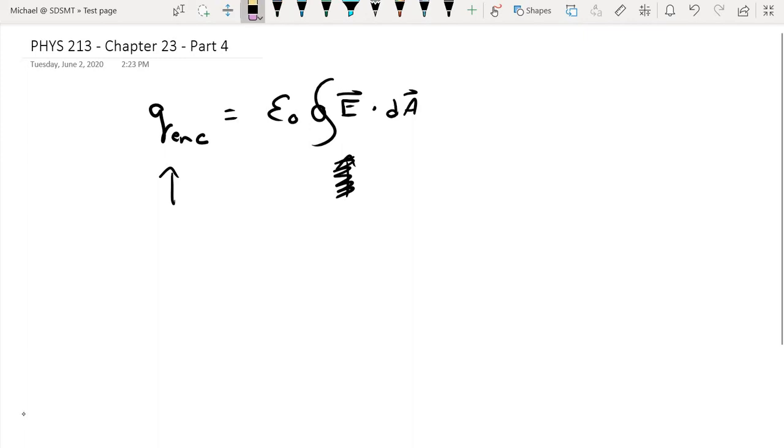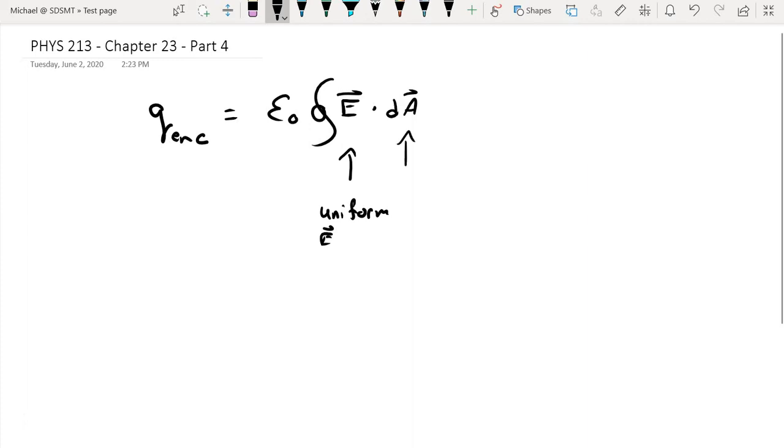And so we're going to actually go back to trying to find the electric field in a given system, just so we can get a little more practice with Gauss's law. And the way that we've been using Gauss's law to solve for an electric field was in the case of having a uniform electric field at all points on the surface of our Gaussian surface.